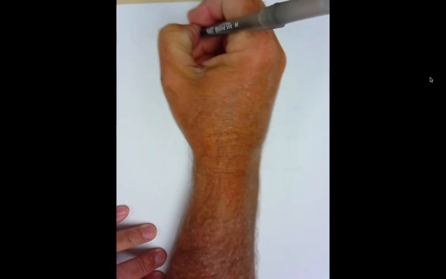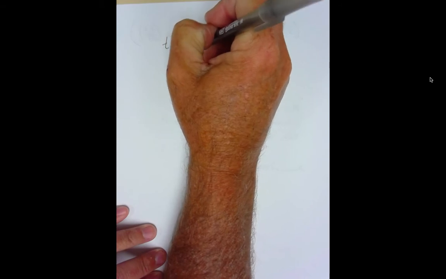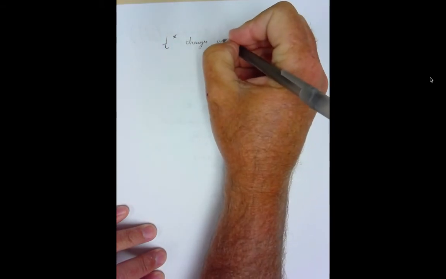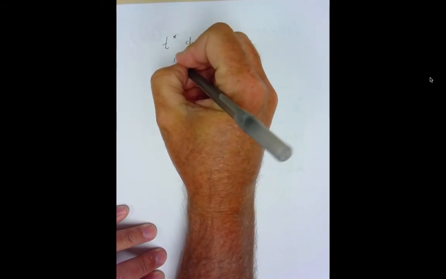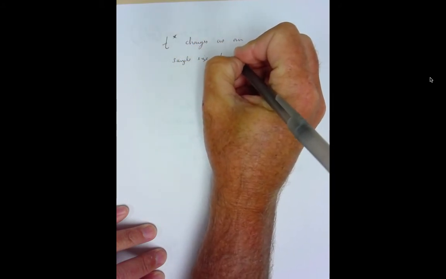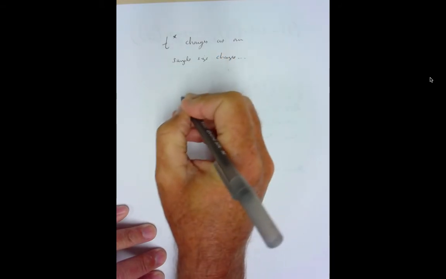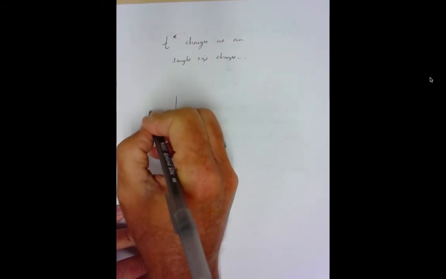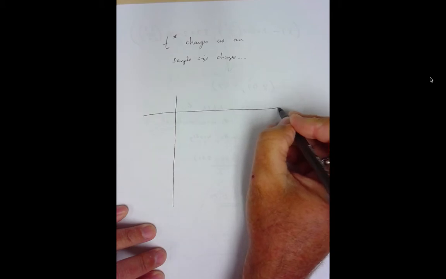Do it. Now let's go back to this T critical a little bit. Notice the T critical changes as our sample size changes. Let's just look at some values, okay?